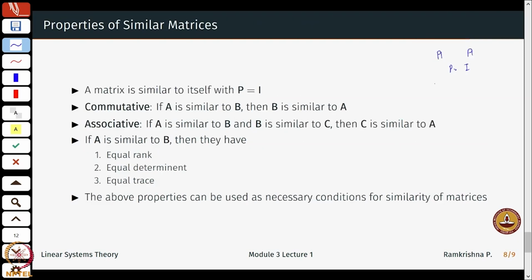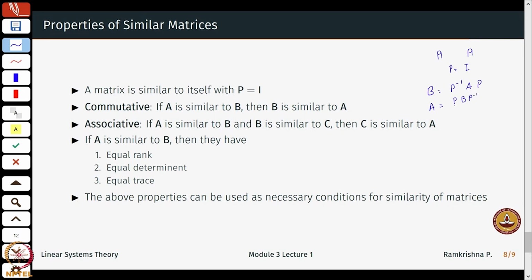Okay. Second, if A is similar to B, then B is similar to A. So, let us say that B equals P inverse A P. You can even write A as P B P inverse.